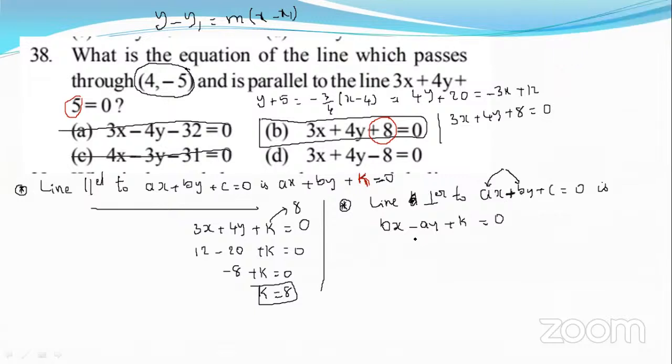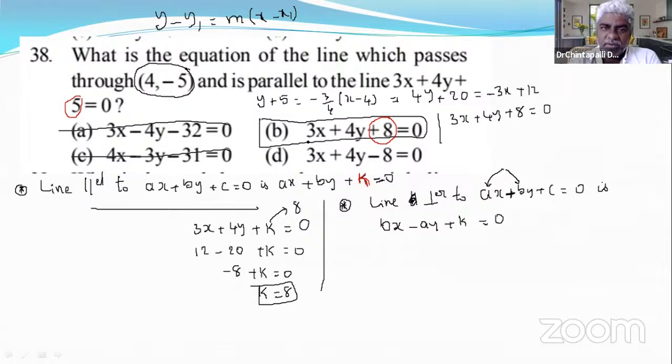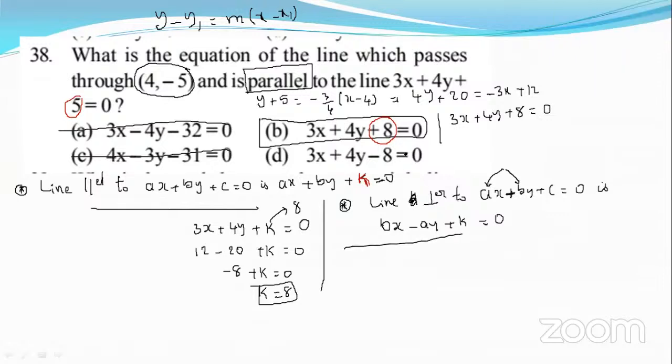For example, if we want to find the equation of the line which passes through 4 comma minus 5 and is perpendicular, if there is the word perpendicular instead of parallel there, then our solution will be like this. Our simple solution will be like this. Then option C is correct.